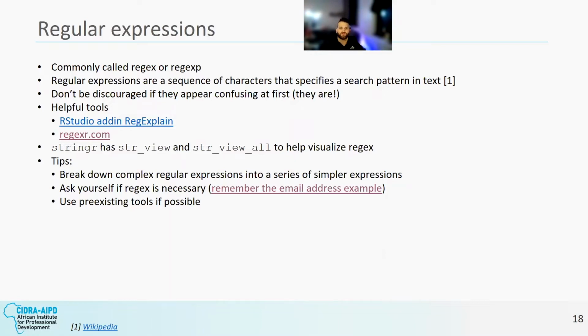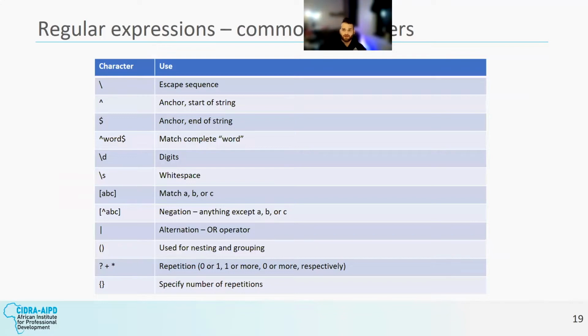Now we're going to move on to how regex actually works. We'll first look at the common characters, and then later on we'll look at common functions in stringr. The next few sections are going to be basically all in RStudio because it's much easier to learn as you do regular expressions rather than just reading off a table.